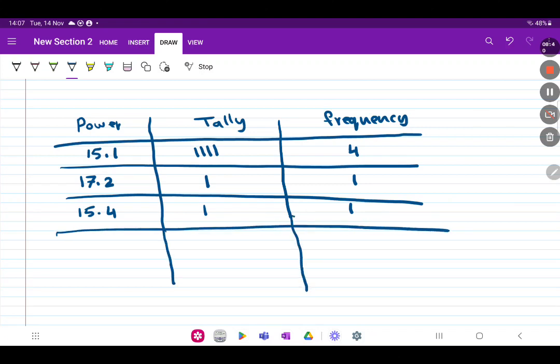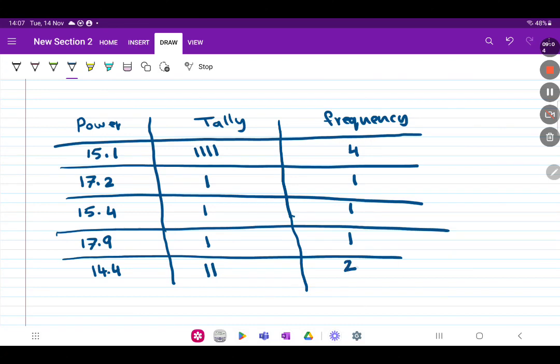Okay. 17.9. How many 17.9 do we have? Just 1, frequency 1. 14.4. We've got 1, 2. The frequency is 2. 17.1.